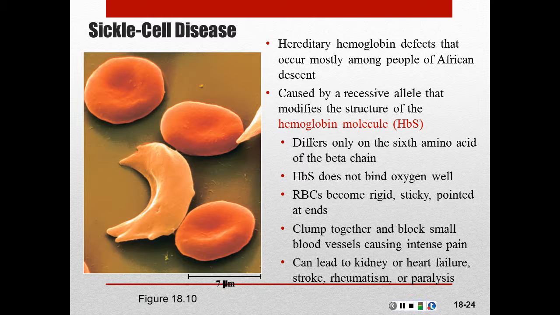Sickle cell disease is an example of pleiotropy, the existence of multiple effects of a phenotype from a single gene change. Without treatment, a child with sickle cell disease has little chance of living to age 2.